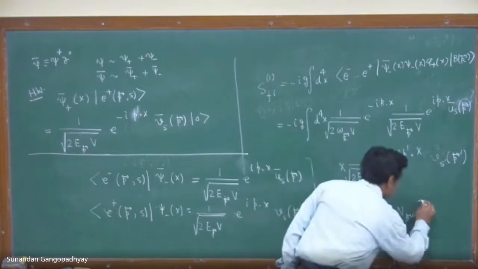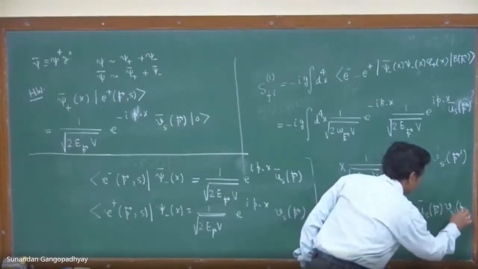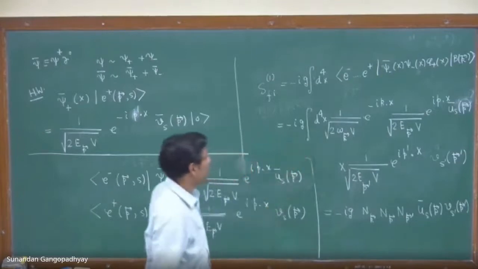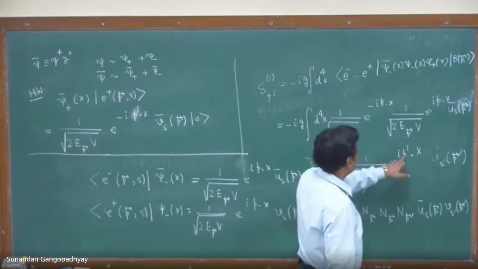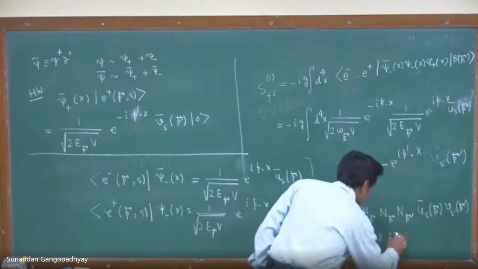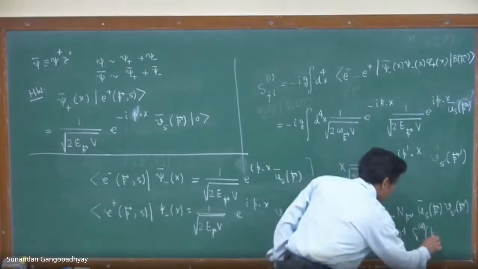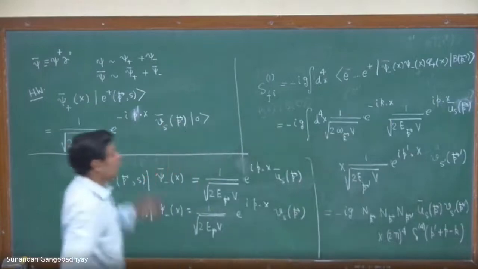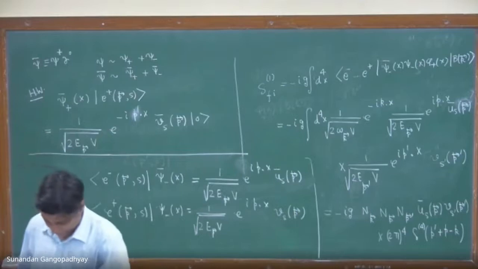So I can take them outside the integral, and then you have this integral over d4x. That is a single integral to work on because it is e to the power of i (p prime plus p minus k) dot x. So that will give us a Dirac delta function, this time a 4-dimensional Dirac delta function, p prime plus p minus k. That's it. So what we have done is we have calculated that matrix element.